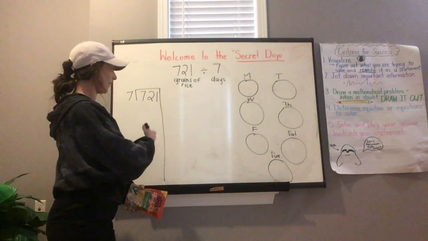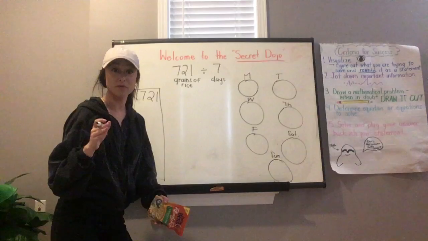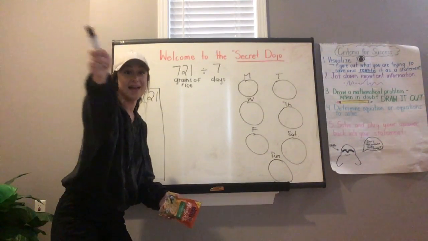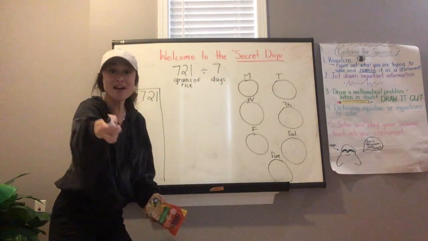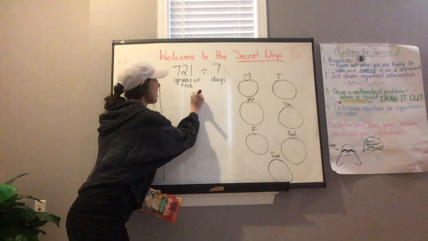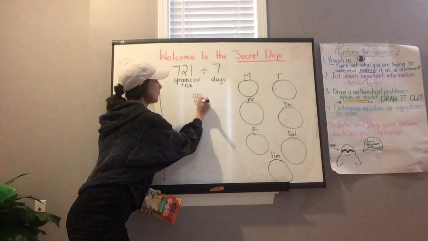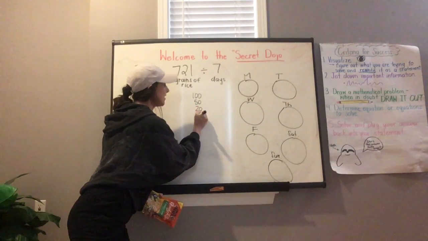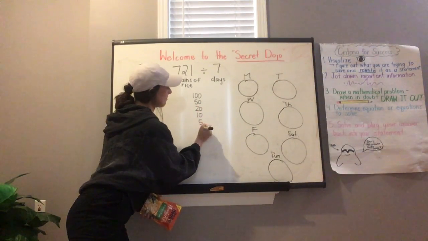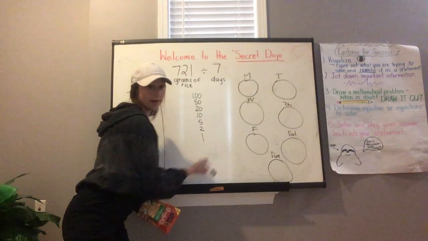After I've written my problem out correctly, I'm going to want to write my magic numbers. 100, 50, 20, 10, 5, 2, 1.